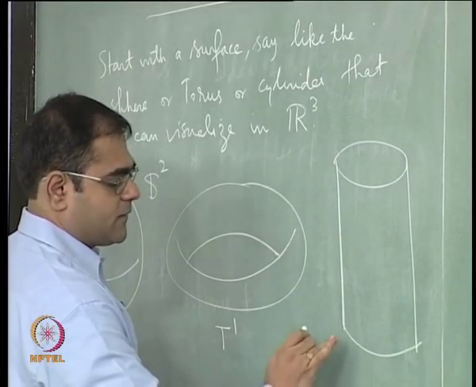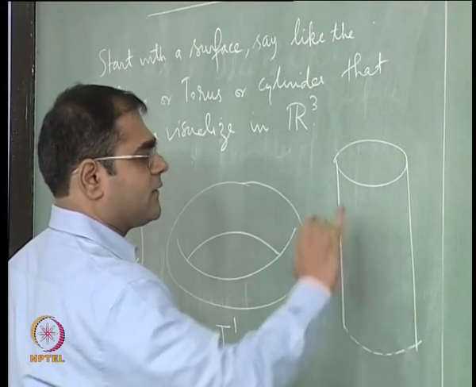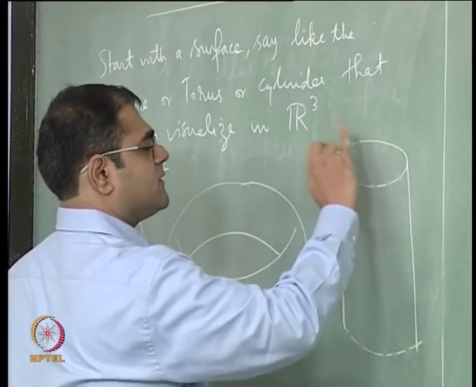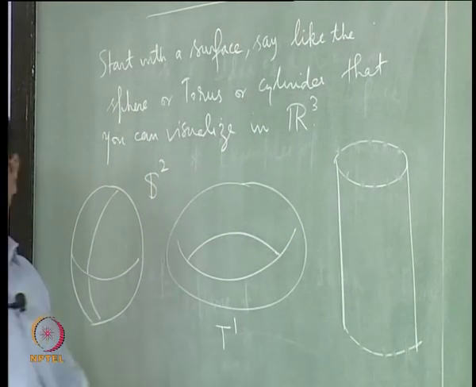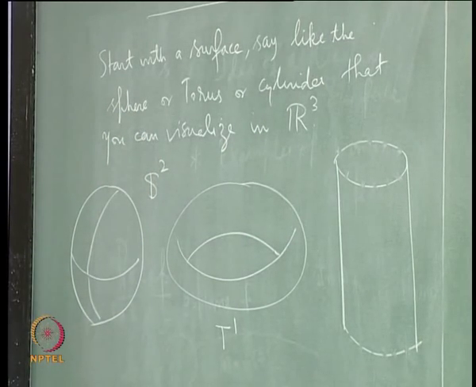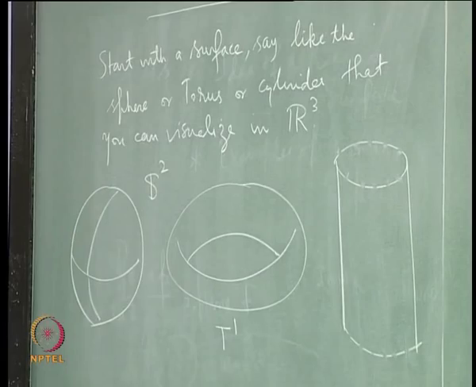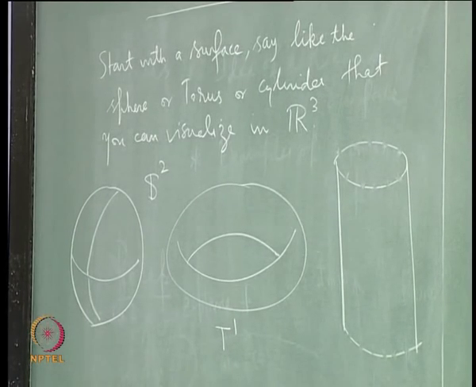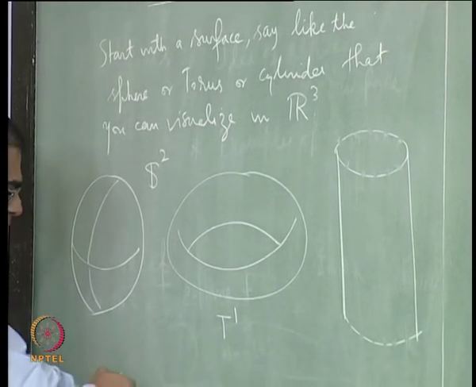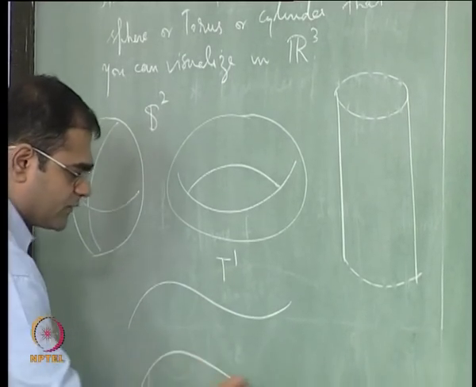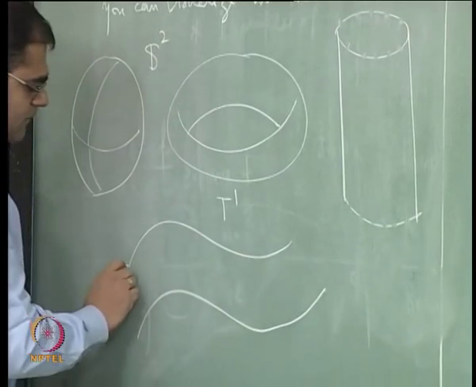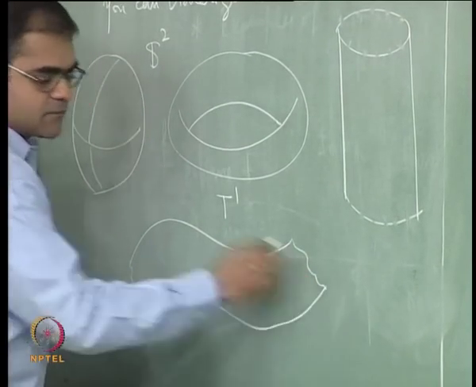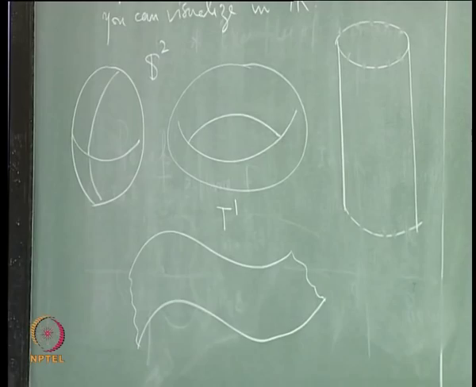Of course I'll make this dotted line so that I just want you to understand that this is not the boundary of the cylinder, but this is an infinite cylinder, okay. So these are all surfaces that you can imagine in 3 space, and more generally you can also imagine some surface like this in 3 space, more generally any surface like this.